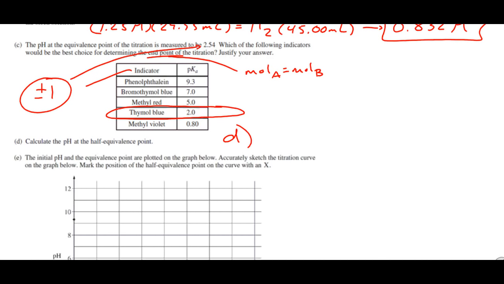Calculate the pH at the half equivalence point. Well, the half equivalence point is simply the pKa. So the pH equals the pKa at the half equivalence point, and that's something you need to know. That's a pretty simple relationship.